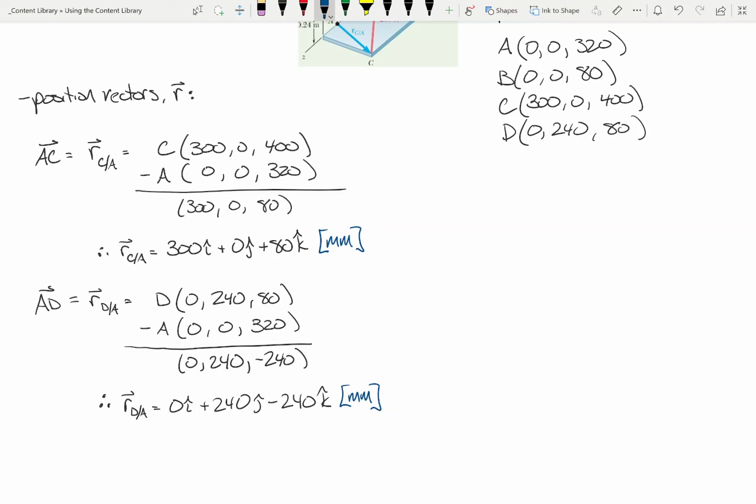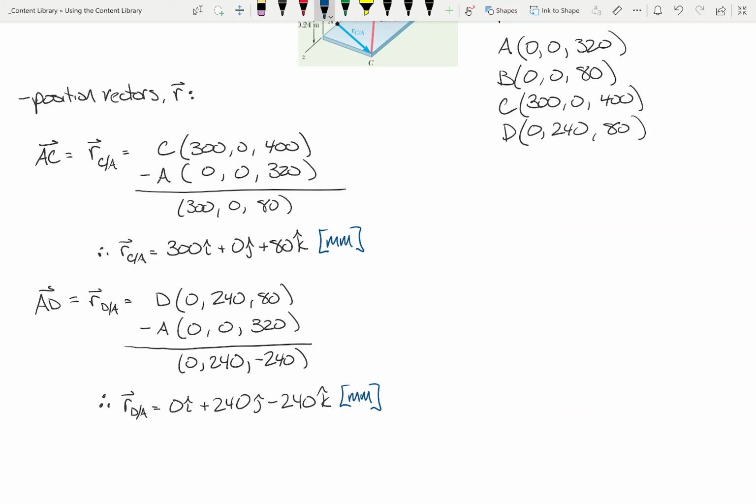Okay. So what do we have? We have R, then we have R, and then from a units perspective, these are both in millimeters, okay?